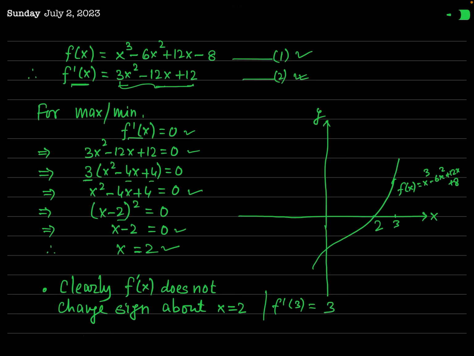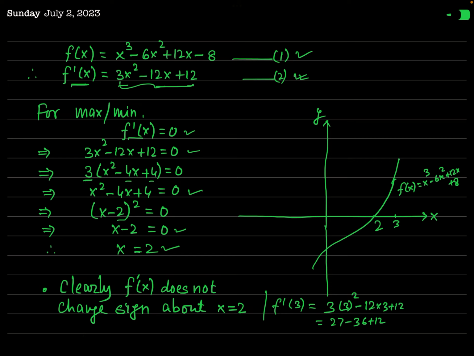This will be 3 into 3 square, and minus 12 into 3 plus 12. What will be this result? You can see this is 9 into 3, this is 27 minus 36 plus 12.